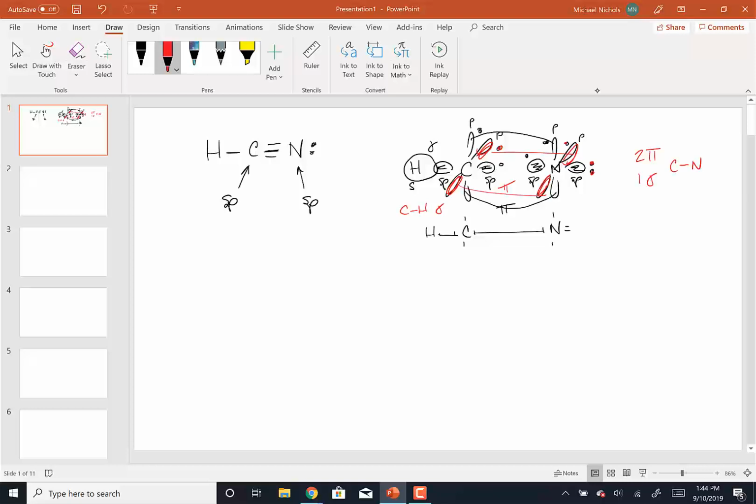So in essence, that's how we draw the orbital picture for any molecule, and there are more example problems in that folder in that assignment.